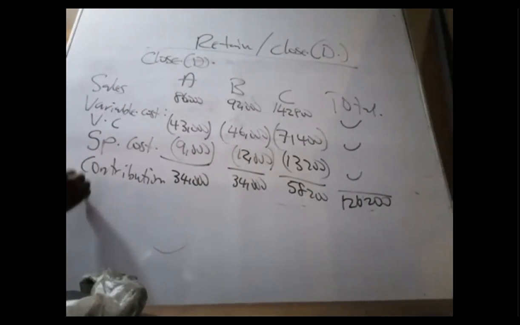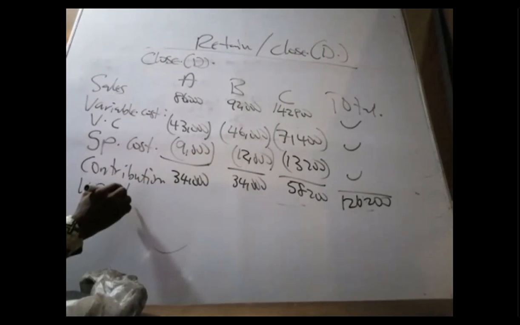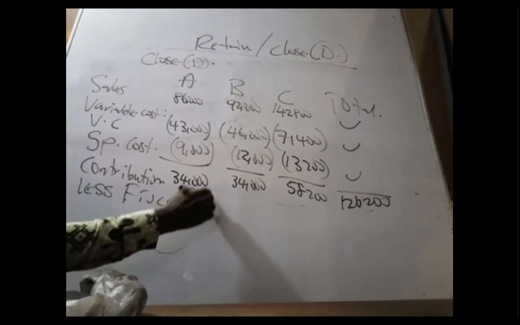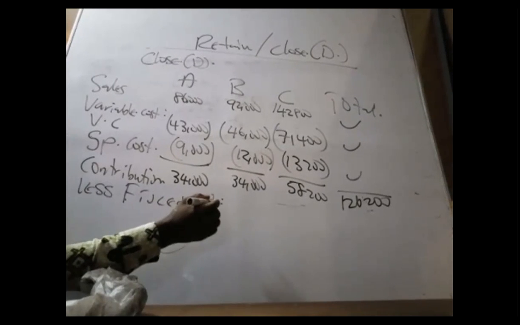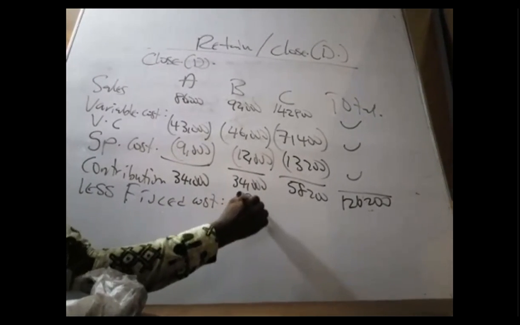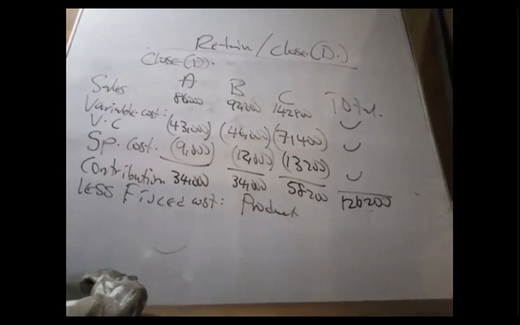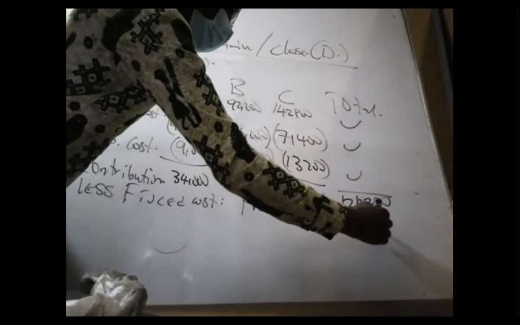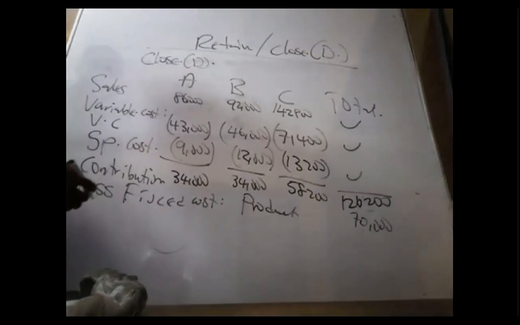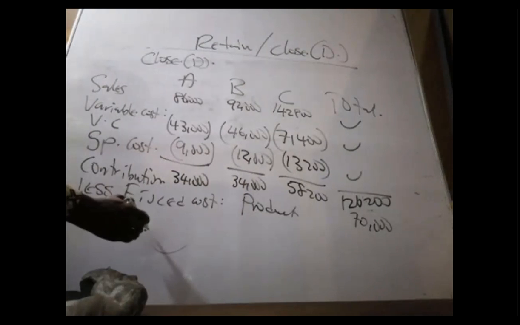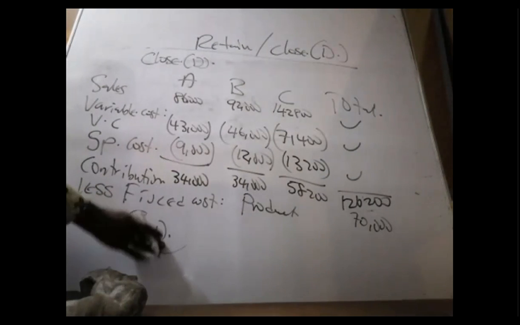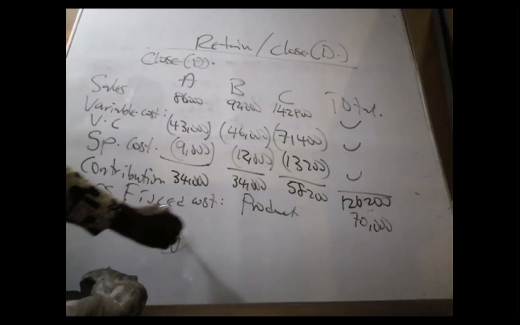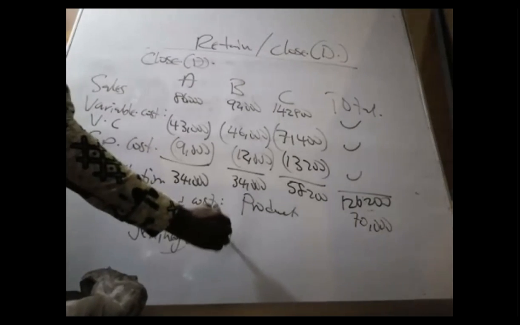Then tell the examiner: less fixed cost. The first one I write is the production fixed cost, we had 70,000. Do you remember? The one that we calculated, we had 70,000. Then selling and admin.